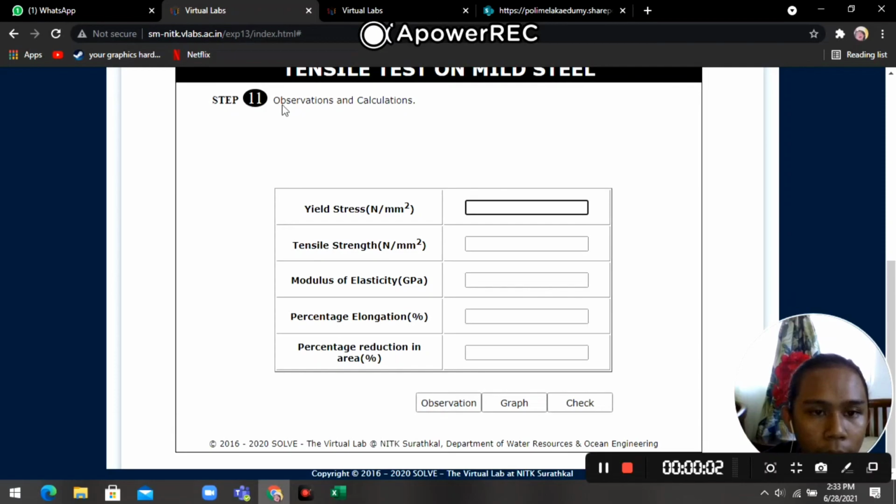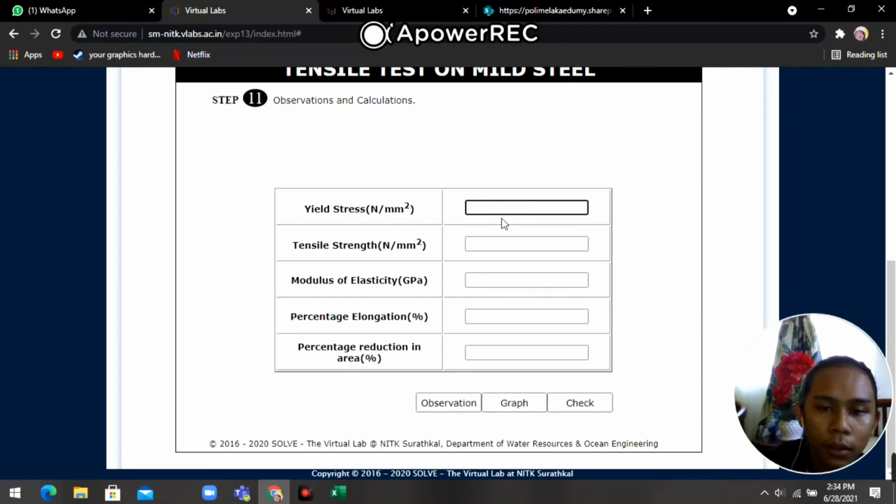Okay, step 11, observation and calculation. Here stress, Y per millimeter square, the answer is 207.3. The tensile strength is 461.02.